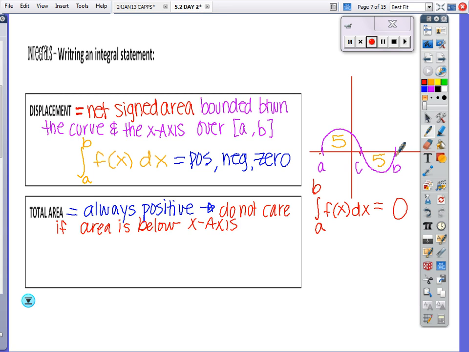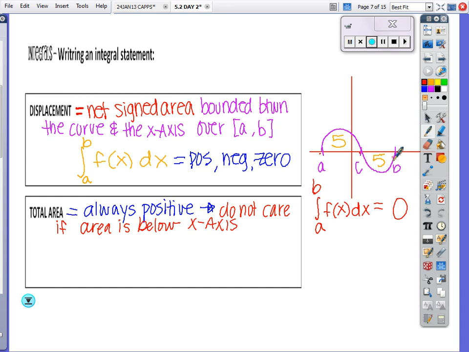Because it's below the x-axis, all right? And then if I ask you to find the integral from A until B, Ariel, the answer was 0. Because you had the positive 5, you had the negative 5, the net, you have $5, you owe $5, your net is $0, okay? So you think of it like money, same thing.